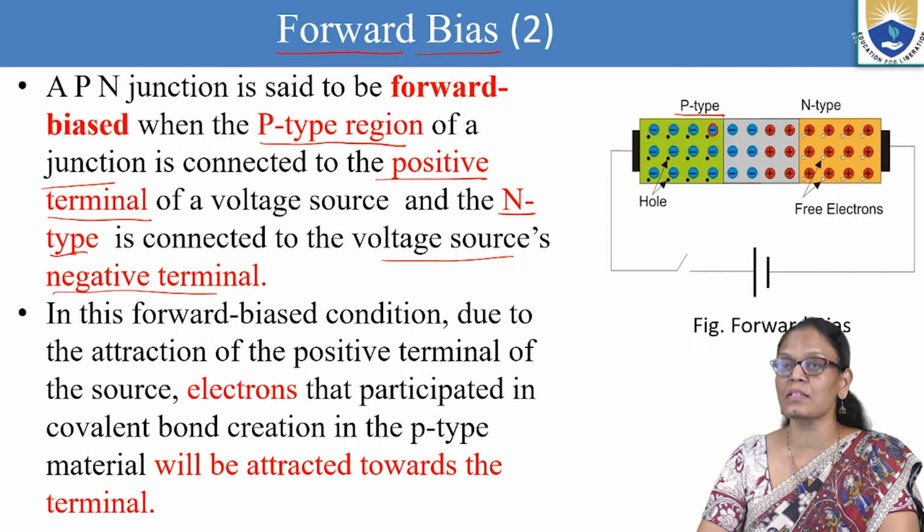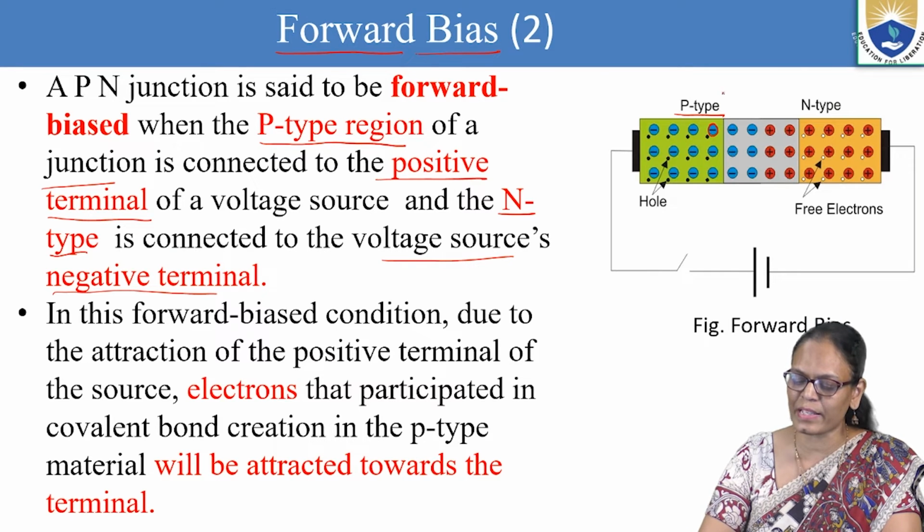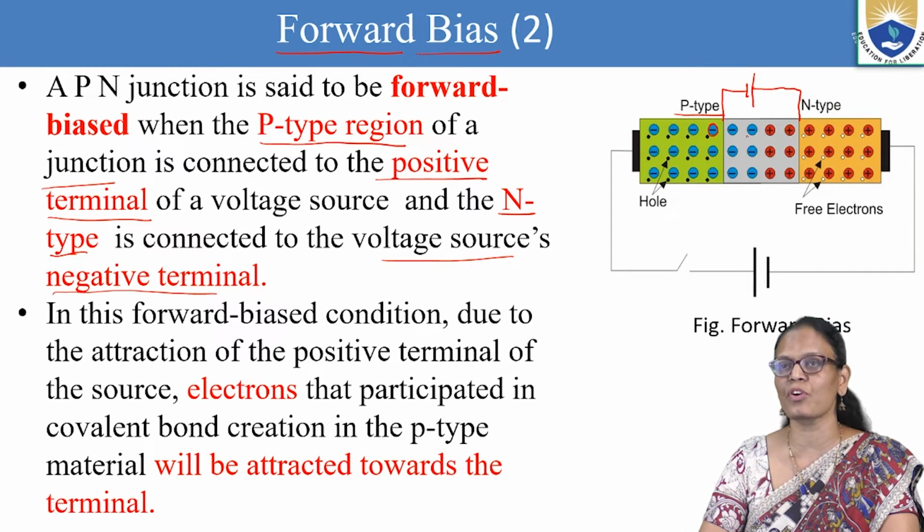Because of that, a positive space charge region develops on the n side and a negative space charge region on the p side. This forms a barrier. So we have seen that a potential barrier is developed, and this region is depleted of charges.